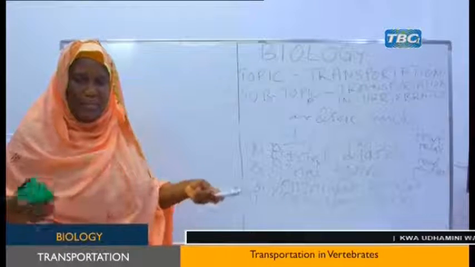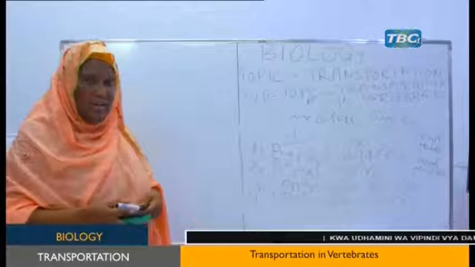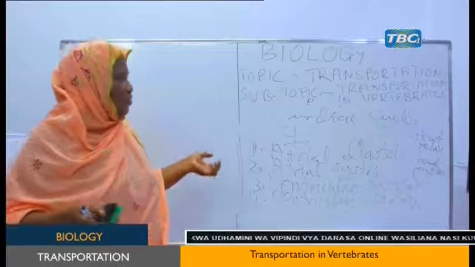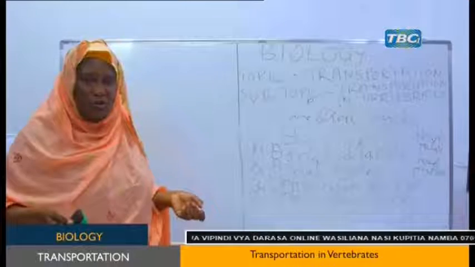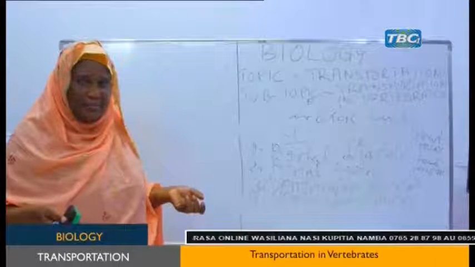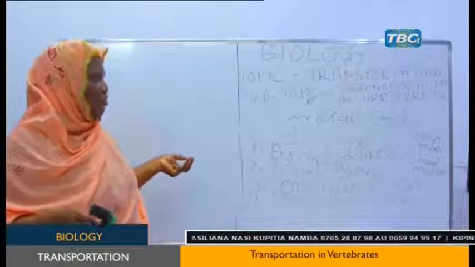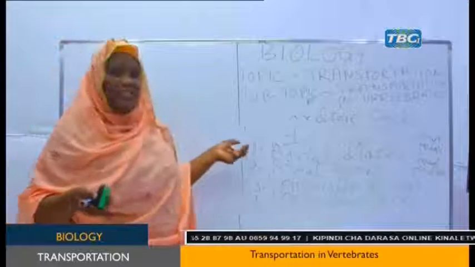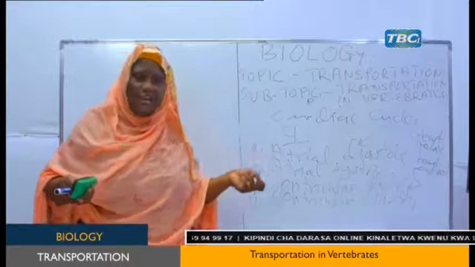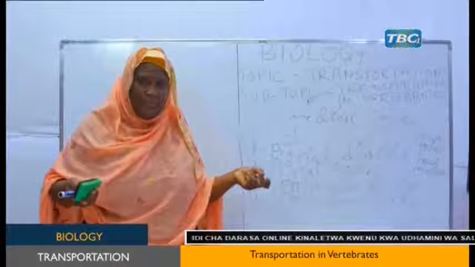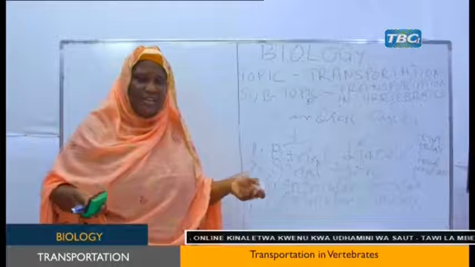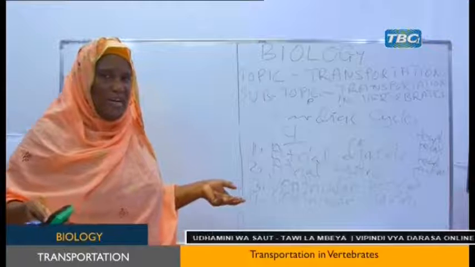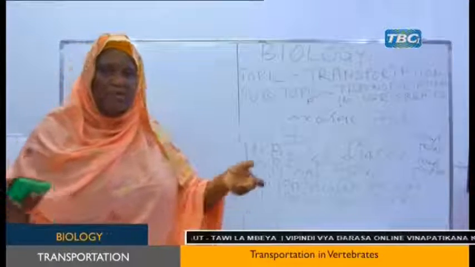We mentioned how the heart looks like and which parts form the so-called heart. We also discussed the structure of cardiac muscles. We started by defining the term muscle. We also classified types of muscles.